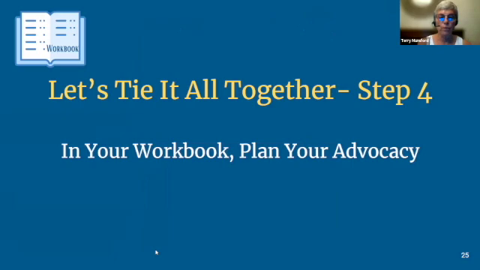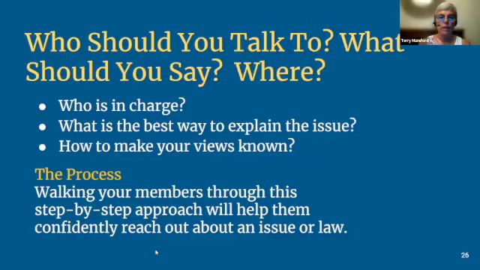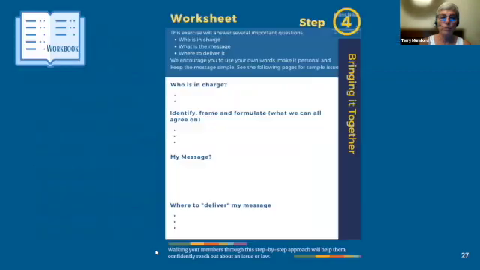So in the workbook, we take you through those steps, and then we ask you to tie it all together. The way we ask you to tie it all together is to identify who's in charge, what's the best way to explain your issue, and how to make your views known. This is a page from the workbook for you to fill out on the issues that you have identified.